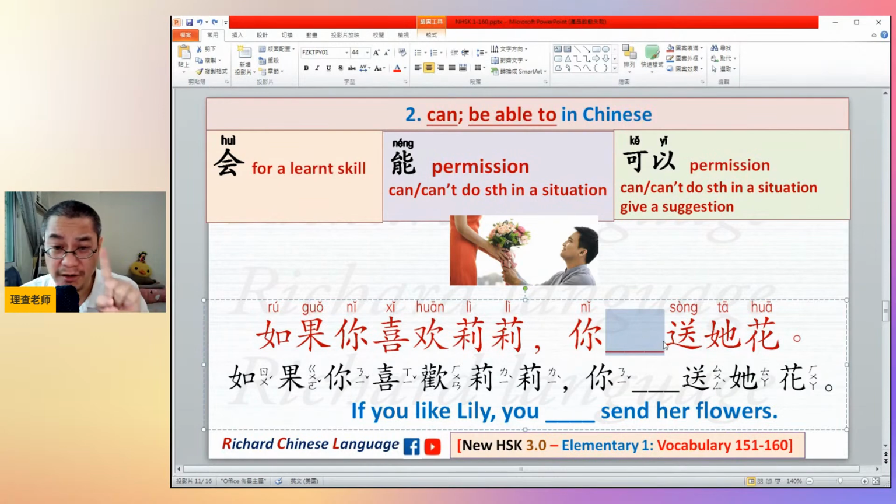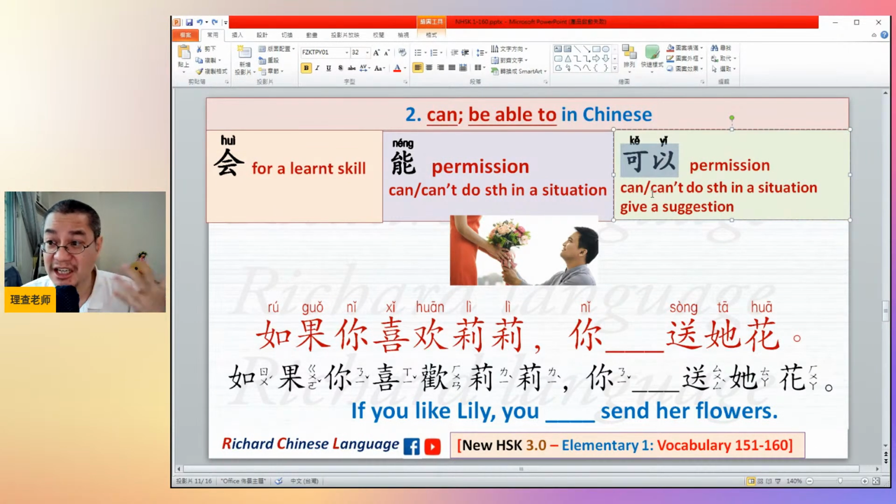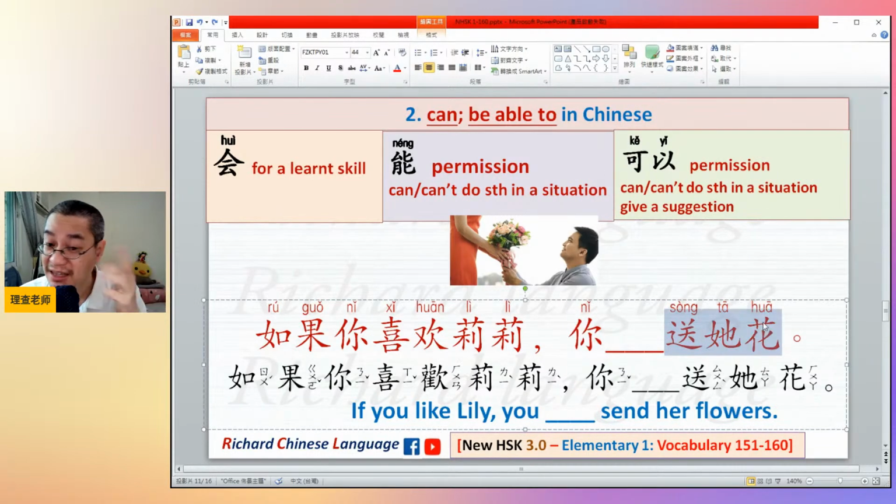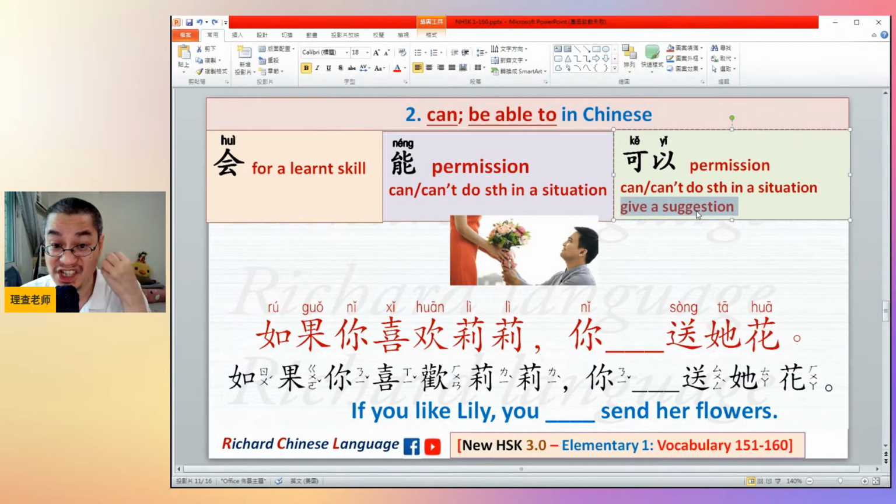So here we only have one answer, and that is 可以 because you're giving someone a suggestion. 你给别人一个建议，你觉得可以怎么做？You're telling someone how to do it, what to do, right? 你可以送她花。This is the only answer because you're giving a suggestion.